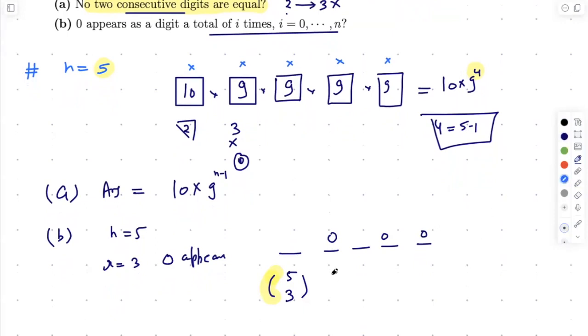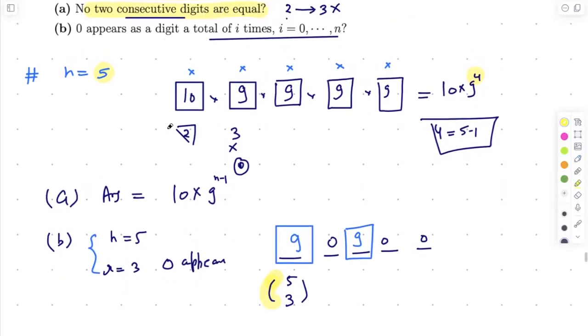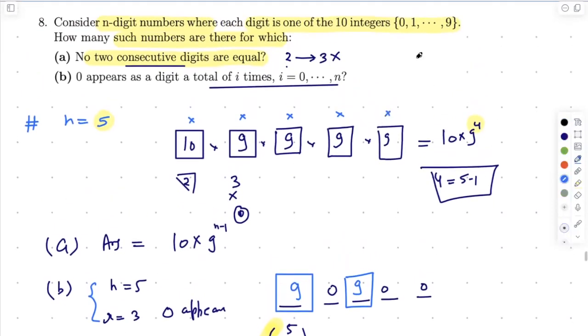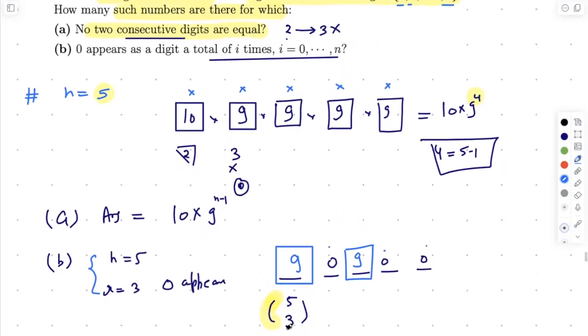Now I have fixed 3 positions where I have 0. Out of 5, you have 3 places at which 0 is there. Among the digits 0 to 9, 0 has already been taken into account. So how many digits are possible at the left out positions? Only 9, because we cannot have 0; 0 is already fixed.